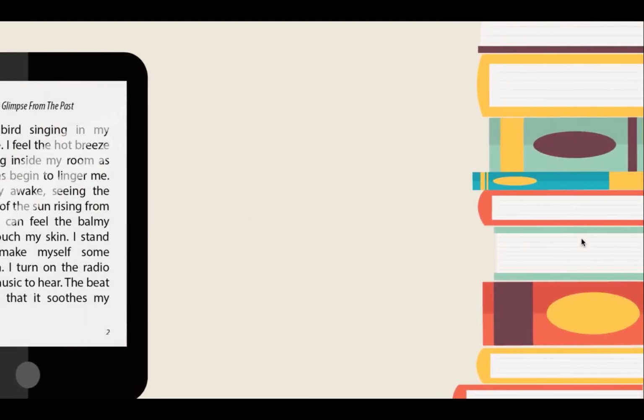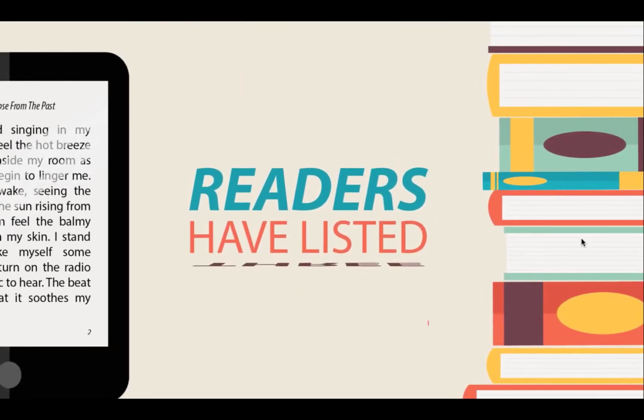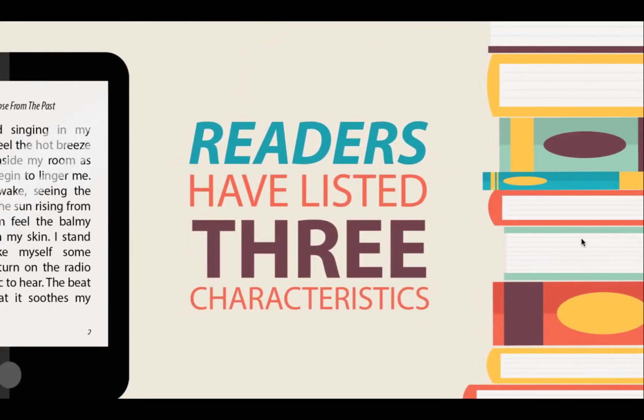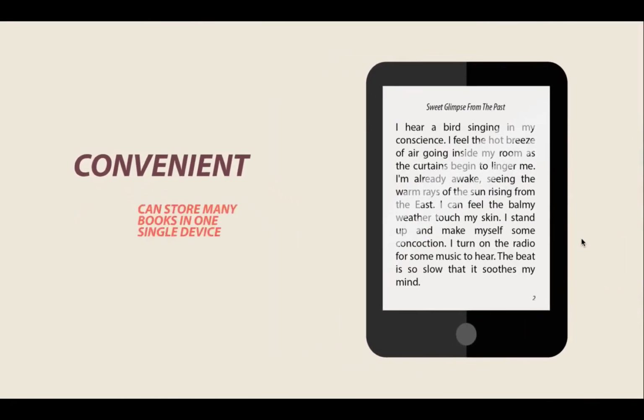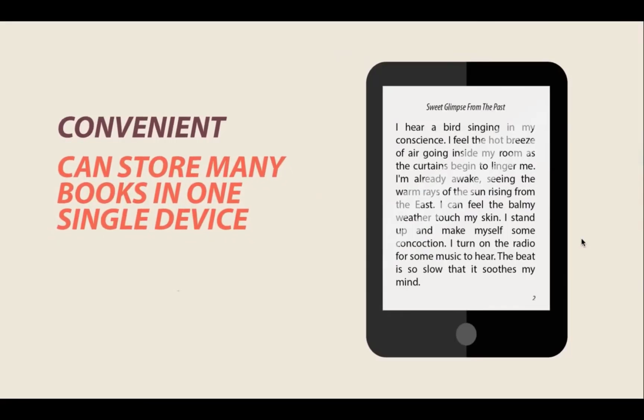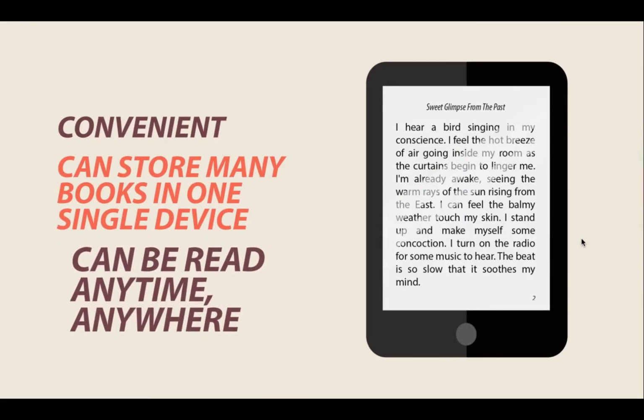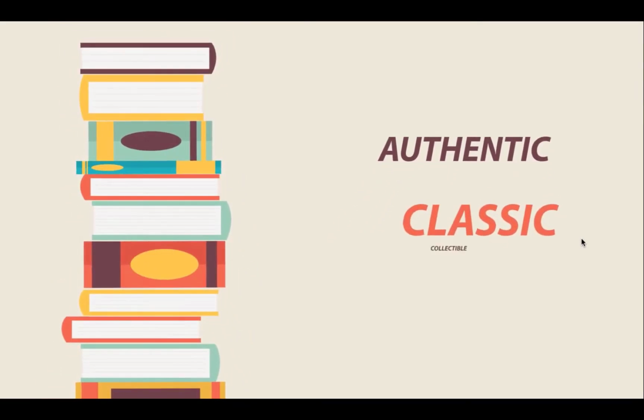Round 5. Let's talk about the accessibility of both formats. Readers have listed 3 characteristics that they love about ebooks and printed books. Ebooks are convenient, store many books in one single device, and can be read anytime, anywhere. While printed books are said to be authentic, classic, and collectible.